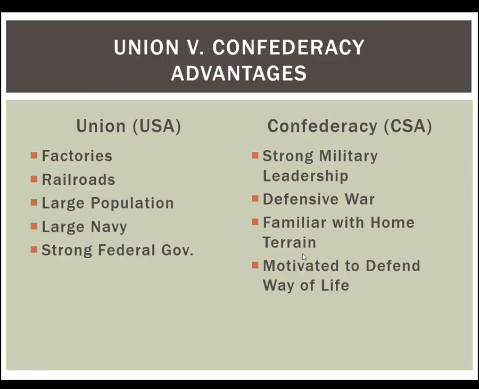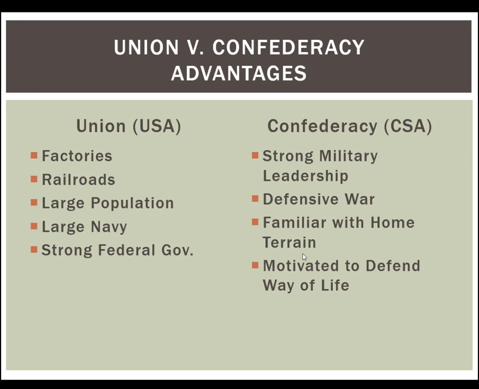So going into the conflict, each side had its own advantages and disadvantages. For the Union, its advantages were many. One of the biggest ones was that most of the industrial power of the country was in northern states, so solidly in Union territory. So lots of factories to produce guns, cannons, uniforms, everything that the country would need to fight a war.